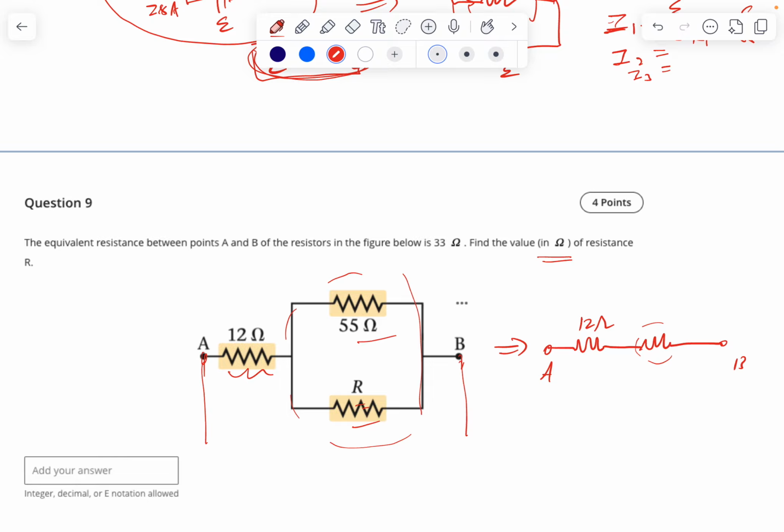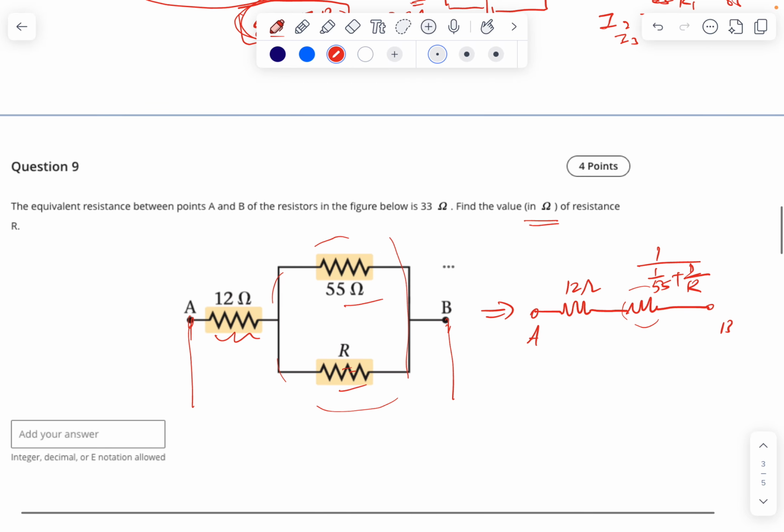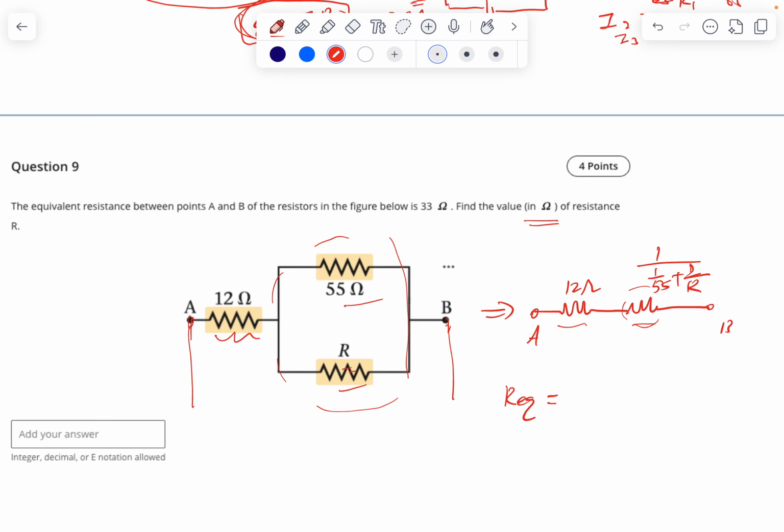So in parallel it will be 1 over 55 plus 1 over R, and you have to flip again. Then this and this connect in series, so the equivalent of A and B equals 12 plus 1 over (1 over 55 plus 1 over R). They give you the total equal to 33. Well, just solve this equation.